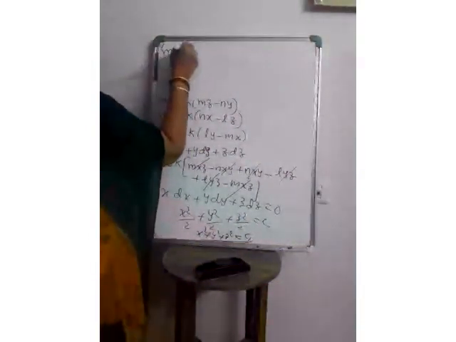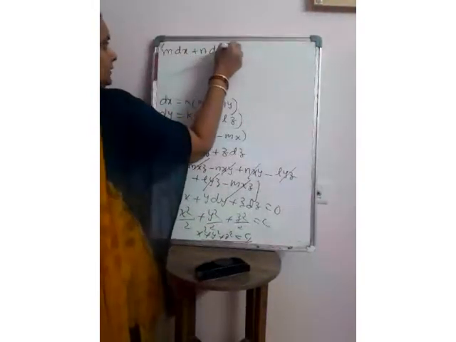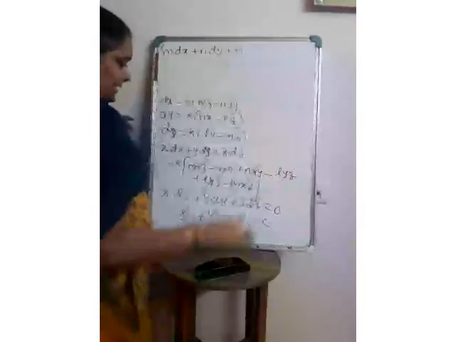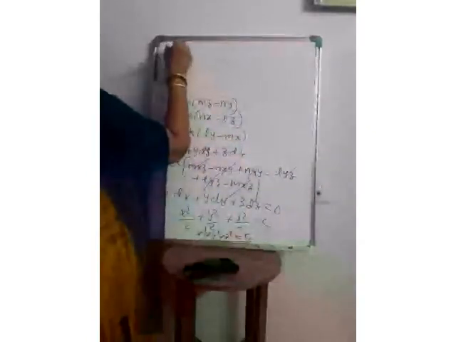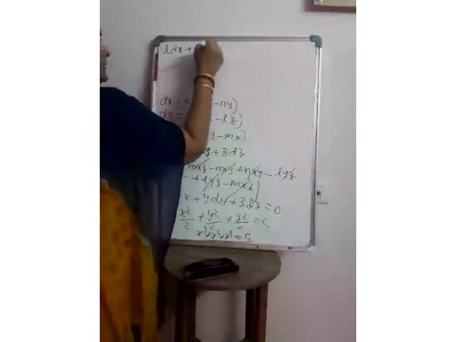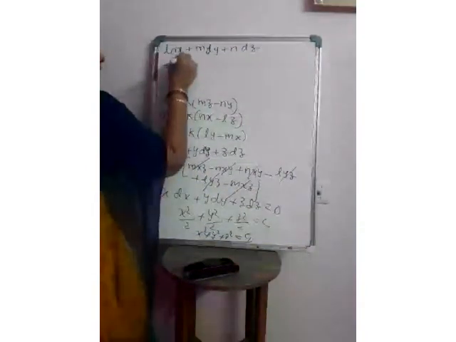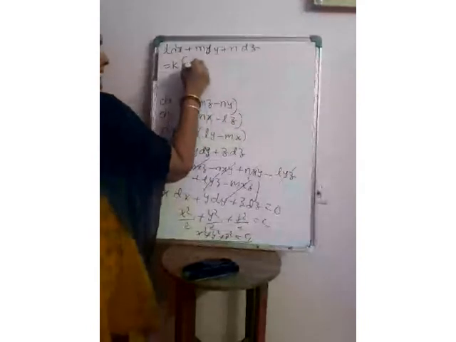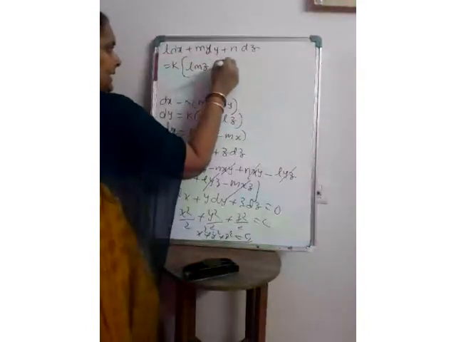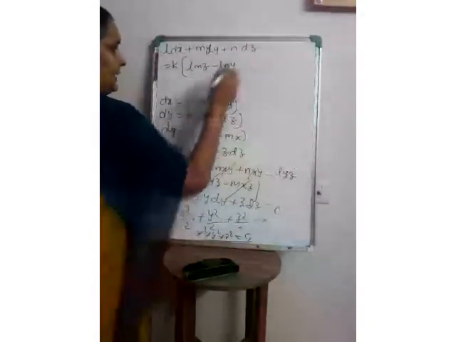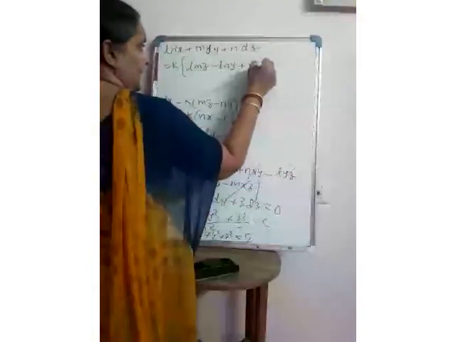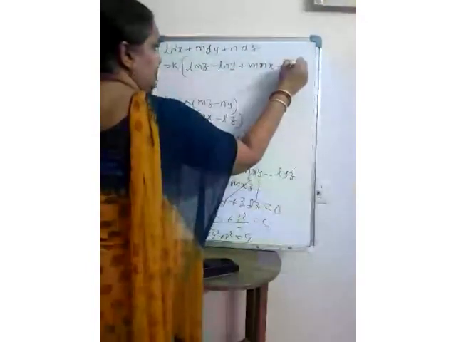So for the second solution, or second combination, we take l dx plus m dy plus n dz, k times. This should be multiplied with ln minus lny... this should be multiplied with mnx minus lnz.